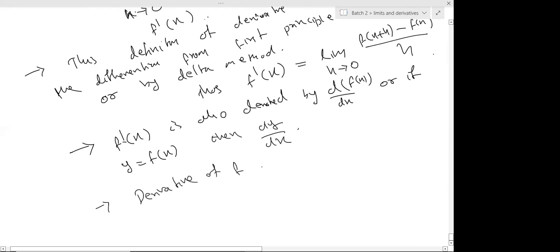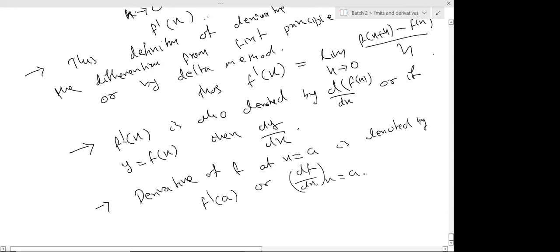Derivative of f at x equals to a is denoted by f dash a or at x equals to a. All right, note it down.